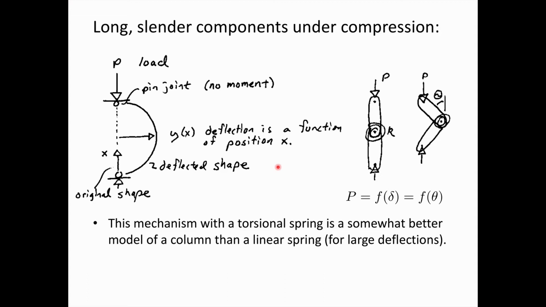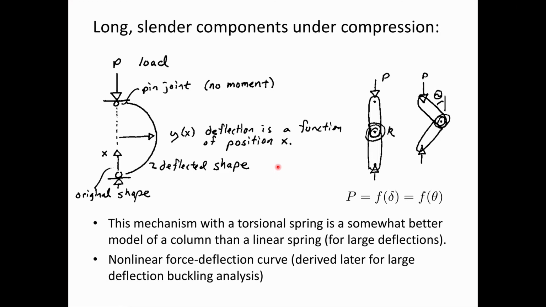So I'm hoping that exposure to these different models will help you to conceptualize better what's going on with compression members at different phases of compression. So with this model, with the two rigid members and the torsional spring on the right, this will produce a nonlinear force deflection curve.